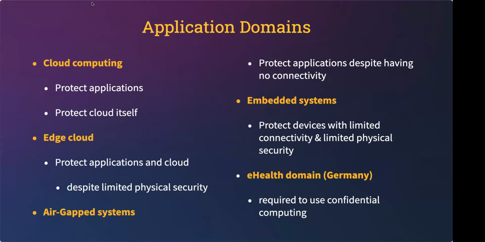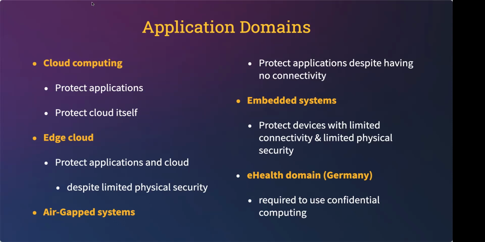Then there are also air-gapped systems. You sometimes have manufacturing halls where there is no internet connectivity, and still you have to provide some applications that are protected. There, confidential computing is actually also used, and there you have some extra problems that we need to address.